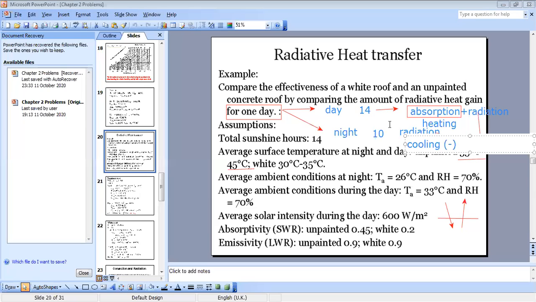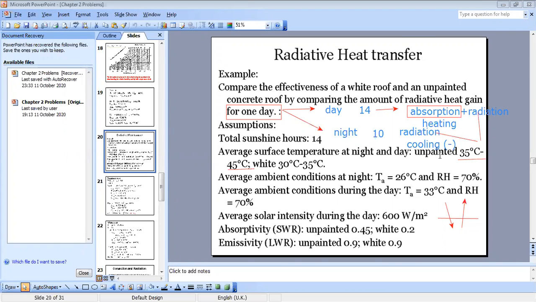So now, when we compute the absorption during the day, the radiation during the day, and the radiation during the night, we add the three and we get the total value. If the total value is negative, this means that we have an overall cooling effect. If the total value is positive, this is not good because it will heat our space, especially in summer, and in summer we desire to have a cooling effect.